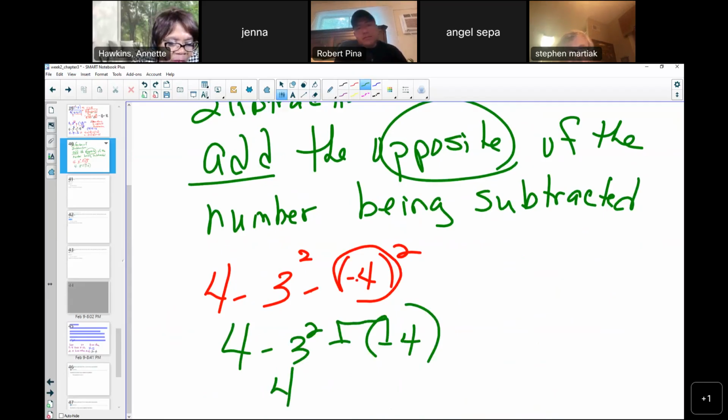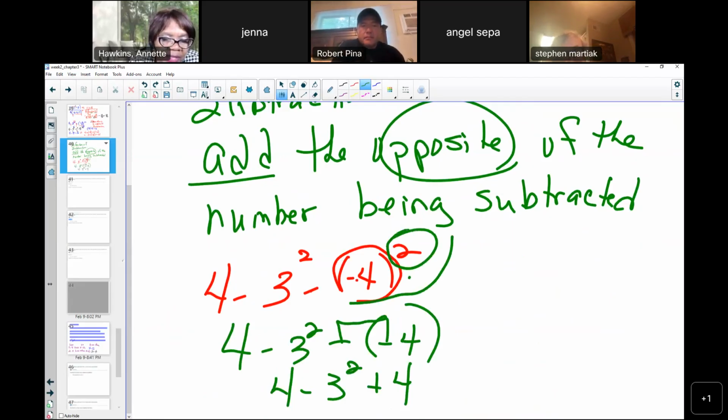And that would be 4 minus 3 squared plus 4. But because I have an exponent here, I have to do this exponent first. Does that help? Yes, I think I got it.